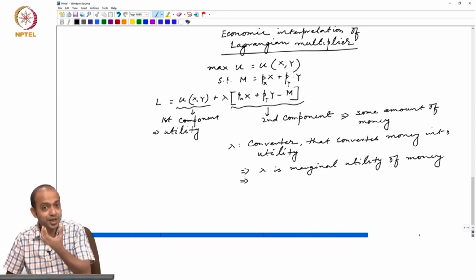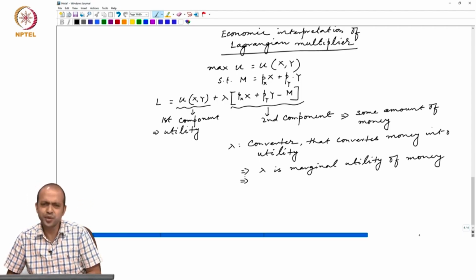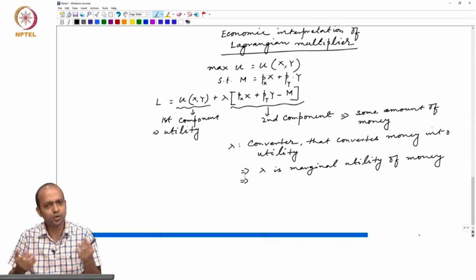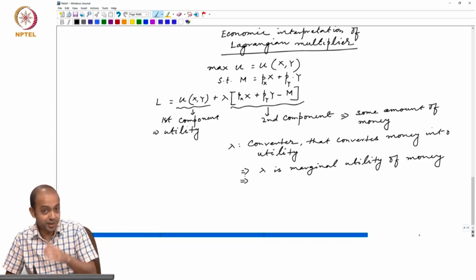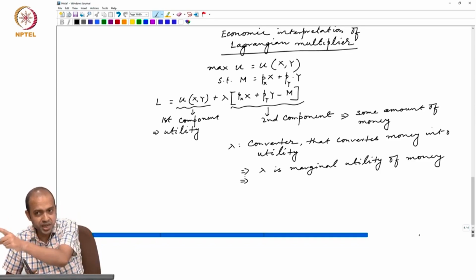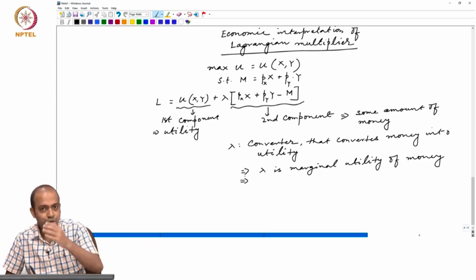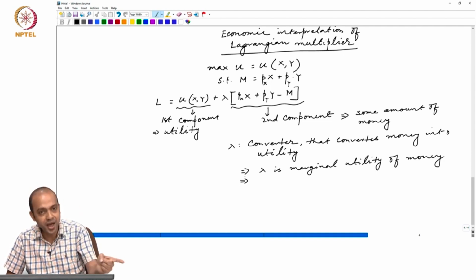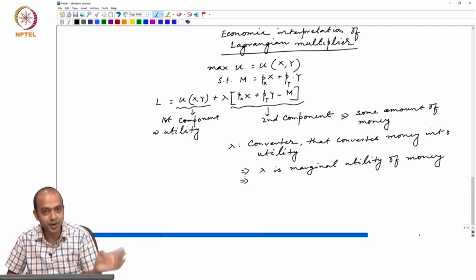Now, intuitively you can very well understand 100 rupees given at the beginning of a month, when you have just received your monthly expenditure money from your parents, may not give that much utility, because at that time you are already having that money. But that same 100 rupees given towards the end, when your monthly expenditure money is almost exhausted, will definitely give you a higher utility than what you would have derived at the beginning.